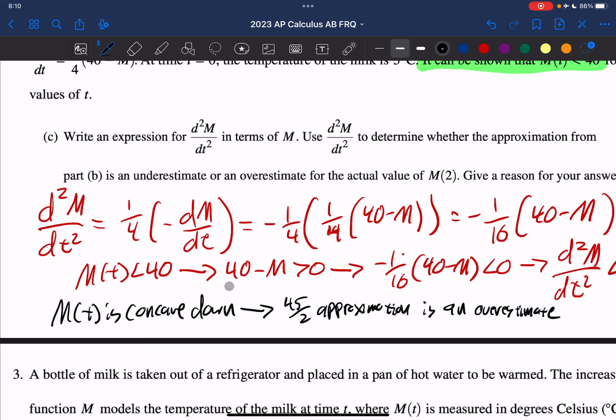Because when something is concave down, the tangent line is always going to be above it, and the curve will be below it. And since this is on the tangent line, this is too high.